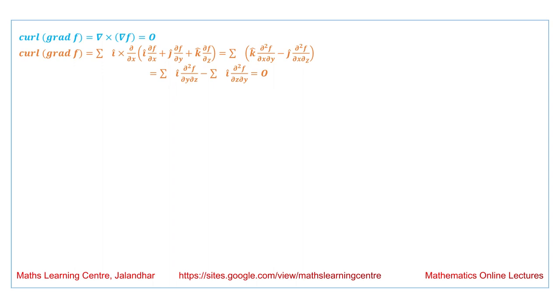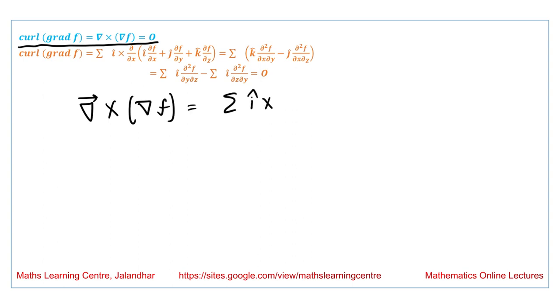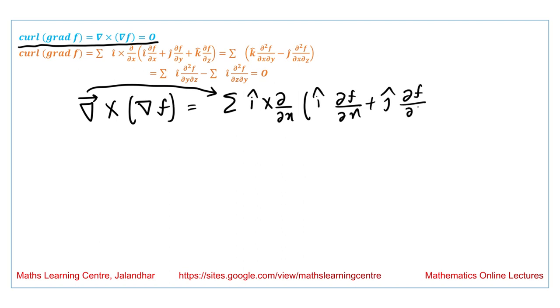Next, the second thing we have to prove is that curl of gradient of f is equal to 0. So we are writing curl, and gradient of f means del f. If we calculate this value, it is sigma i cap cross ∂/∂x, this is the definition, and we are taking the cross product with i cap ∂f/∂x plus j cap ∂f/∂y plus k cap ∂f/∂z.